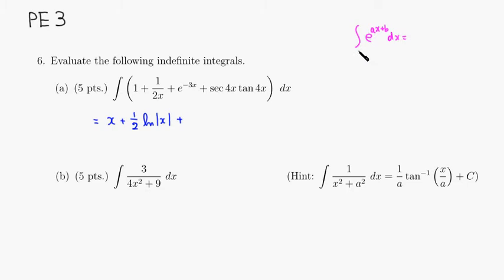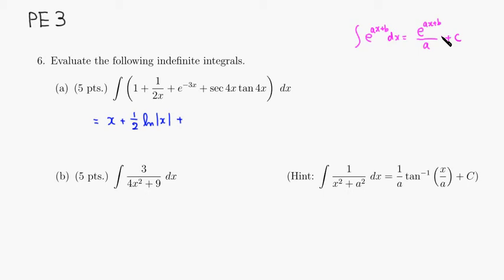Then all you have to do is write down the same exponential function and divide by the derivative of this inside function. Normally, the chain rule says you multiply by the derivative of the inside function, but since it's the antiderivative, we divide by the derivative inside. In this case, the derivative of that is a. Again, this only works when you have a linear function, so this is always a number, plus some constant c.